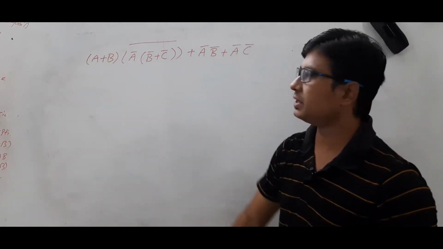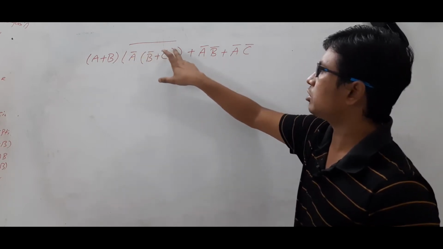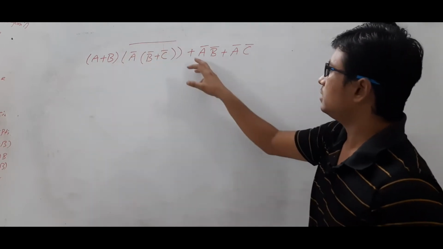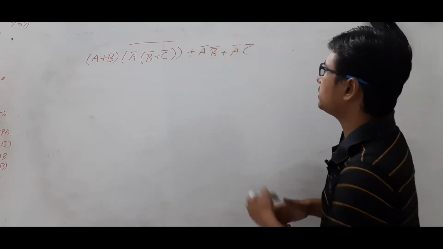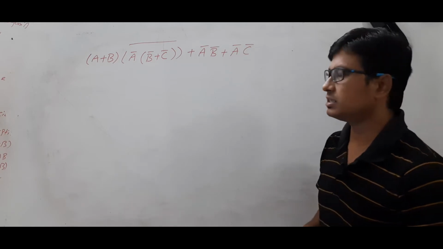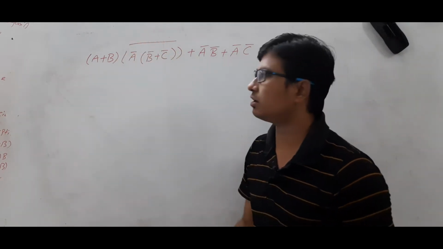(A + B)(A'B' + C')' + A'B' + A'C'. Now first I will apply De Morgan's law for this part.